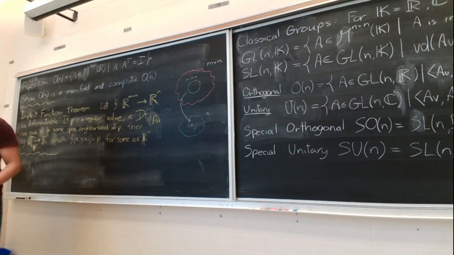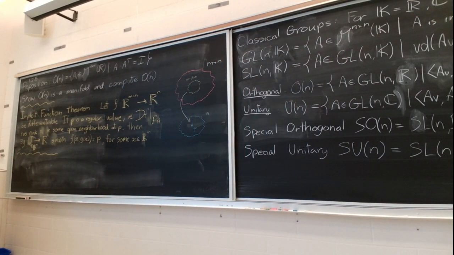Maybe consider a function from R^n to something satisfying some property, like the transpose times the inverse should be 0. And then it cannot be linearly independent. No, I want something even simpler. We want to show that O(n) is a manifold. Agree? So we want to find some way to parameterize O(n).